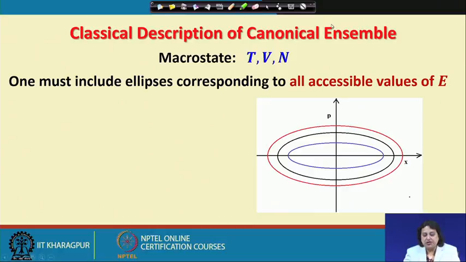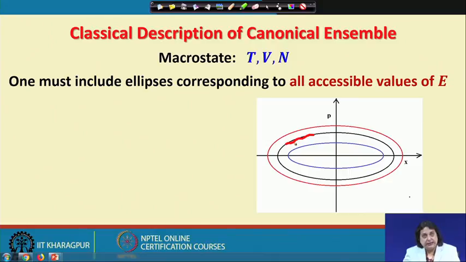In this picture, let us say that this black line is the constant-energy ellipse corresponding to the average energy of the system when it has equilibrated at a given temperature.